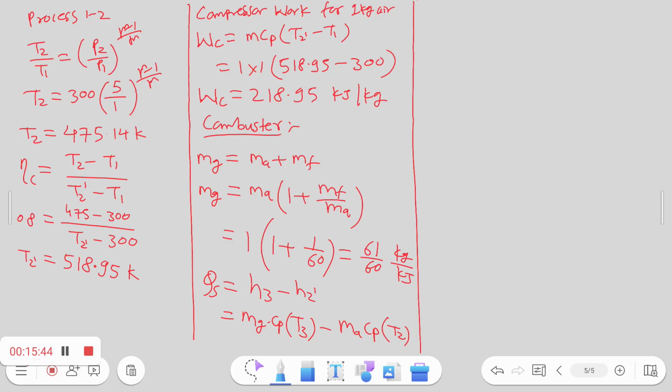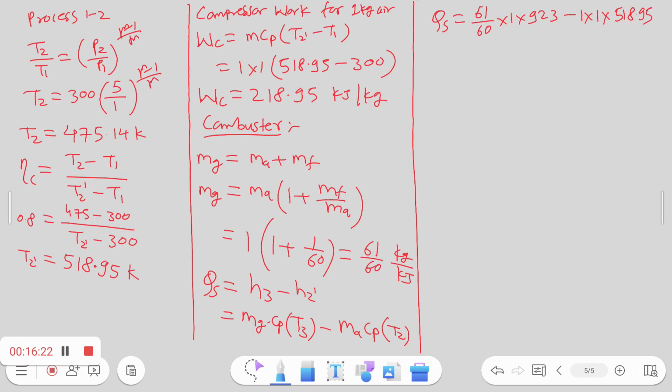So heat supplied is equal to mass of the gas. How much? 61 by 60. Cp is 1. T3 is how much? 923, minus mass of the air 1, Cp 1, T2 118.95.